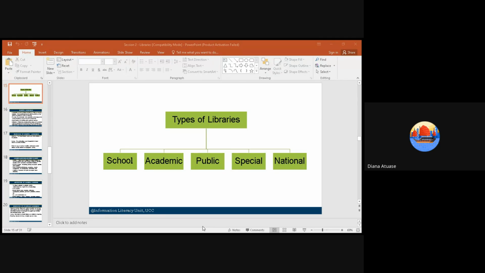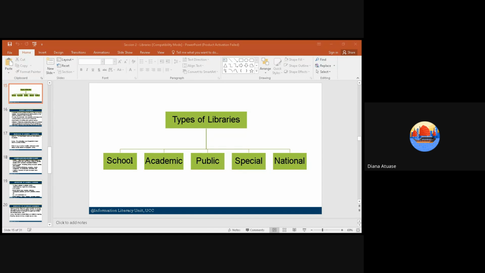And those libraries are there to serve or provide information needs for community members. So the information that they provide is for community members. Whatever information you want relating to culture, entertainment, you want to read novels, get information on politics, whatever is trending in Ghana and the rest of the world, you go to the public library, you can have access to it.